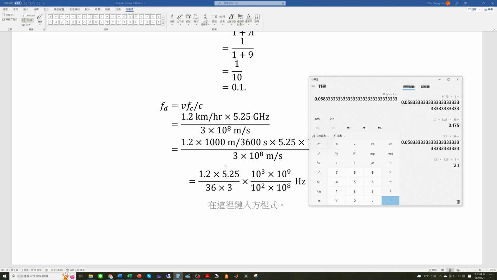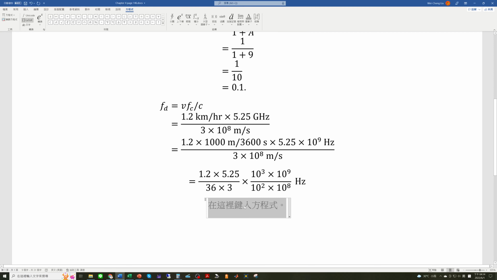So we have it is approximately 0.058333.